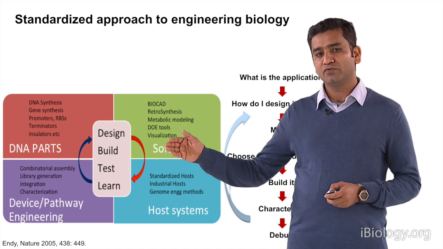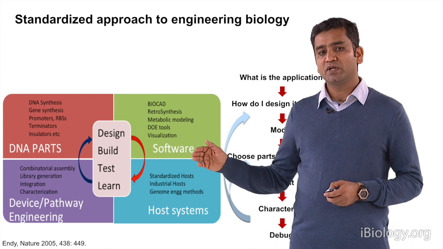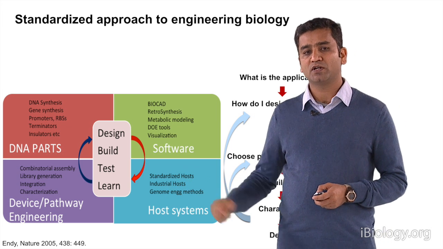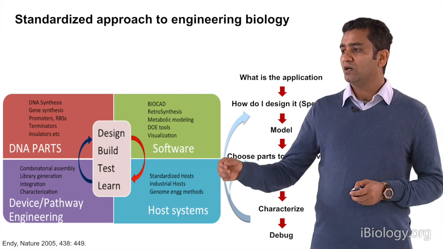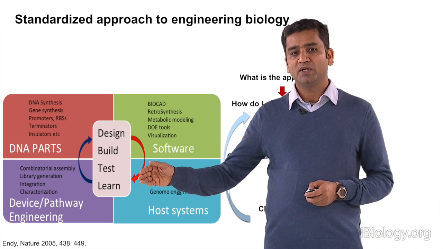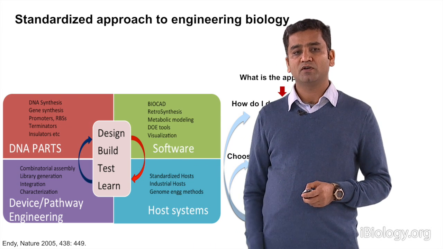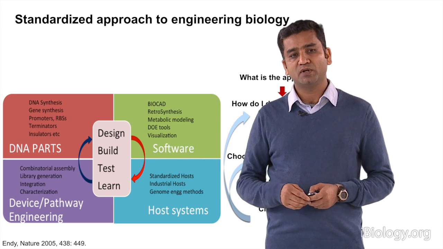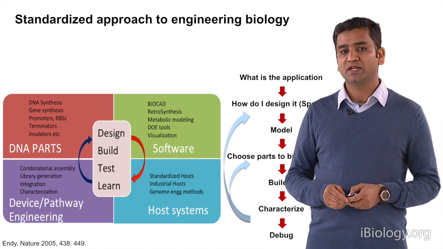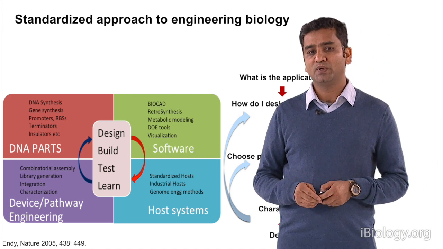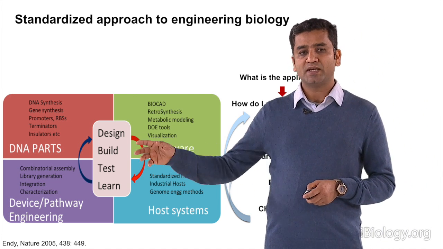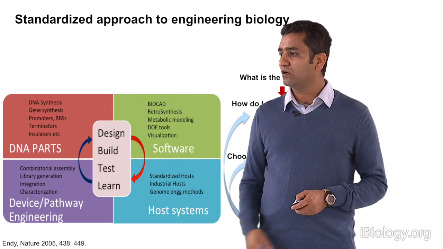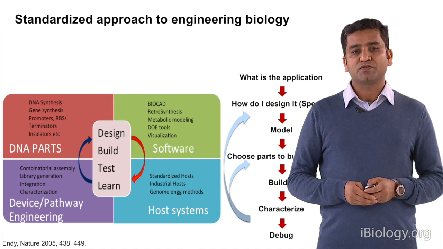Either it can be software for synthetic biology, or it can be a host system. If I want to engineer a host system, what do I need to do? And then how do I design, build, test, learn for a pathway or a device system that we want to engineer? Or it can be a DNA part. If I'm engineering a promoter, I need to know how do I design it, how do I build it, and test and learn. So this cycle of iteration applies to all of the branches of synthetic biology.